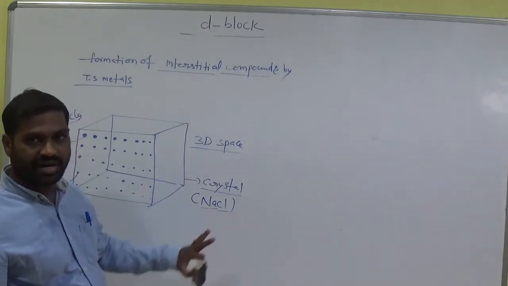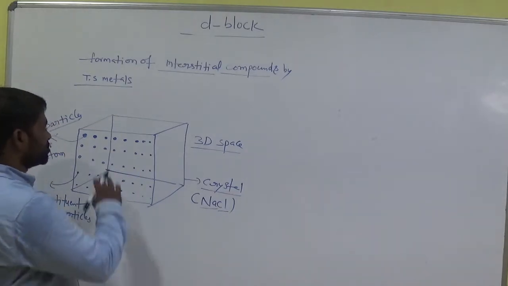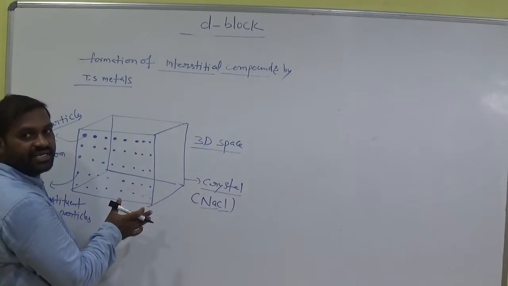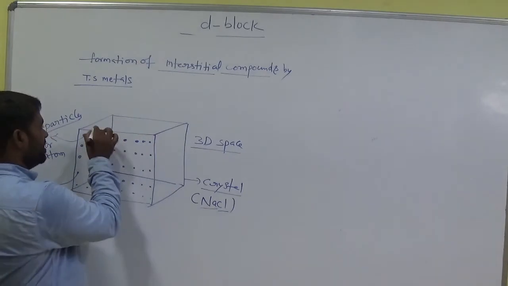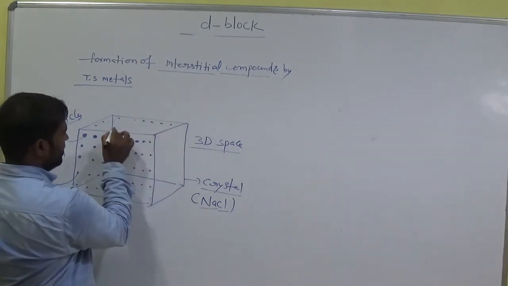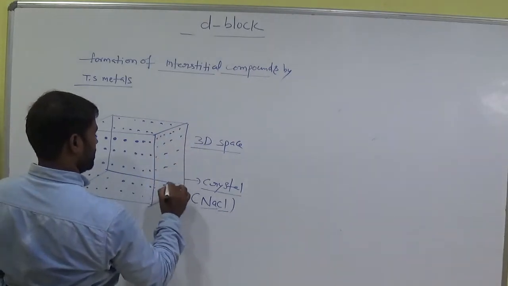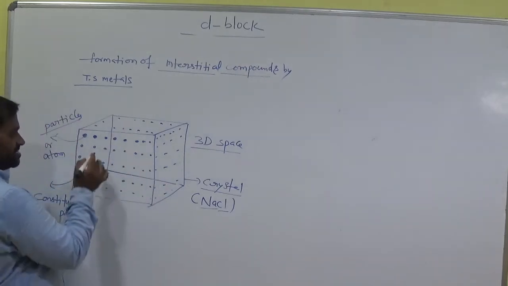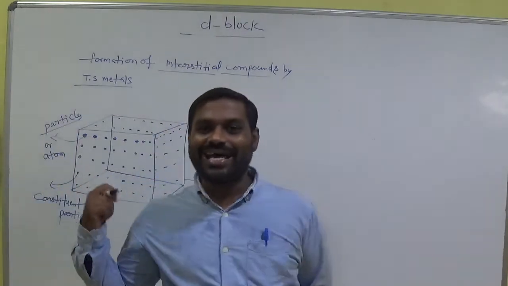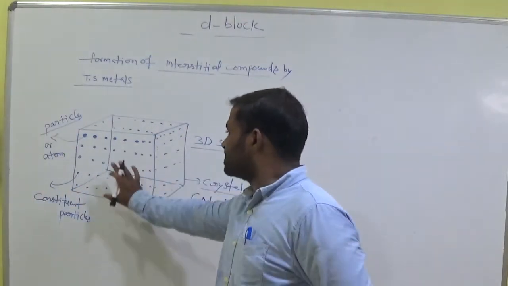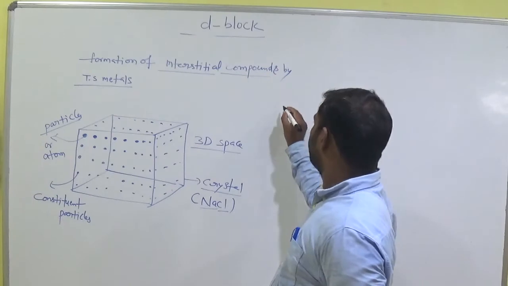For sodium chloride, the constituent particles are sodium and chlorine. The same structure is repeated throughout the three-dimensional space. So there is a regular, perfect arrangement of sodium atoms in three-dimensional space.